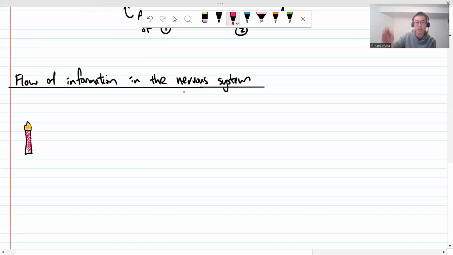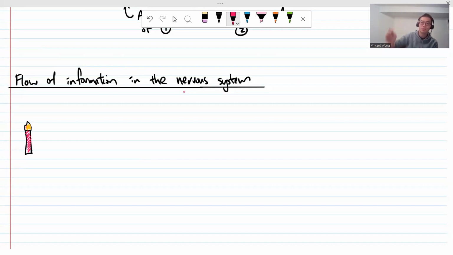You don't know something is hot, you touch it, and then your hand retracts, right? In fact, you retract your hand even before you realize you got burned.